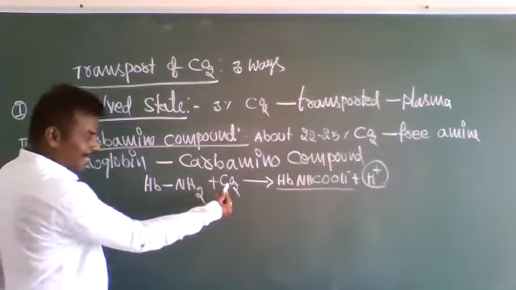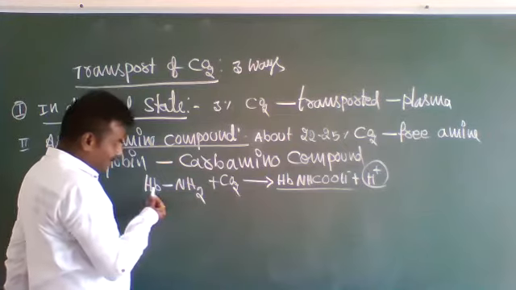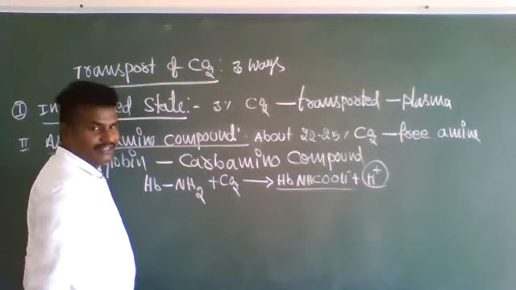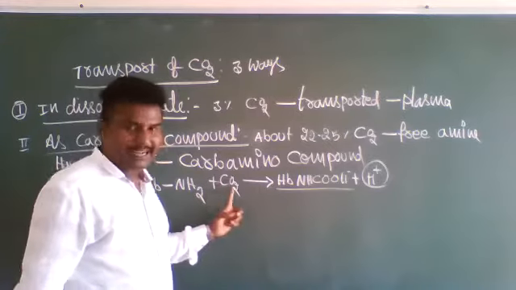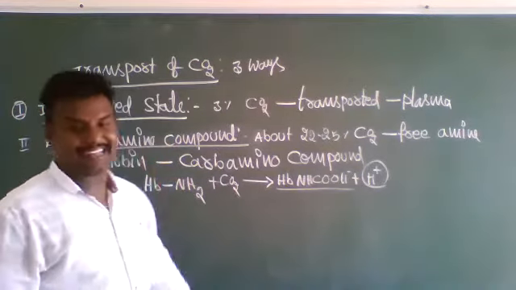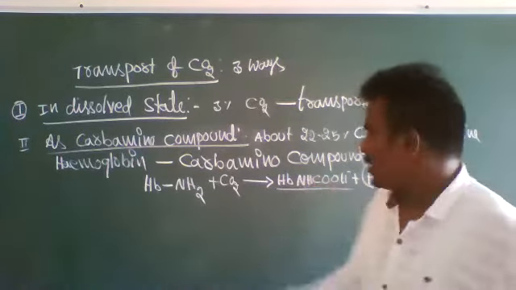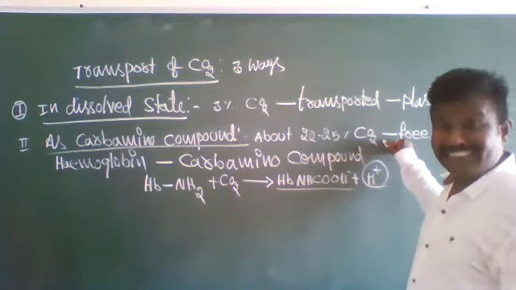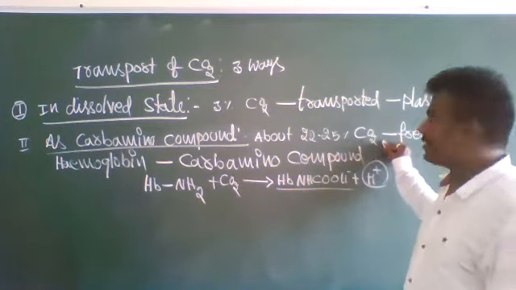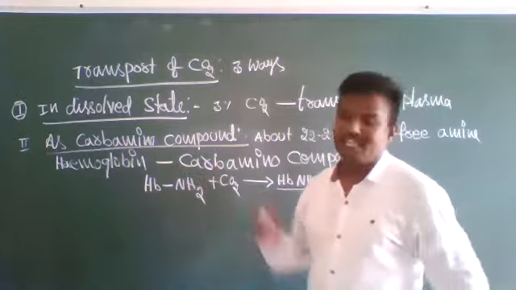So about 20 to 25% of carbon dioxide is directly combined with the free amine group of hemoglobin in a reversible manner.